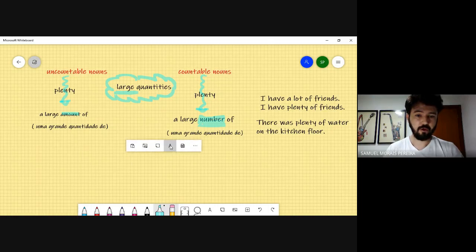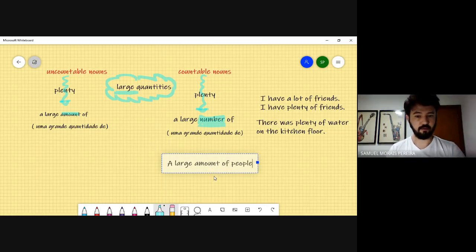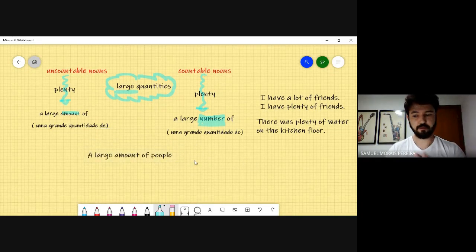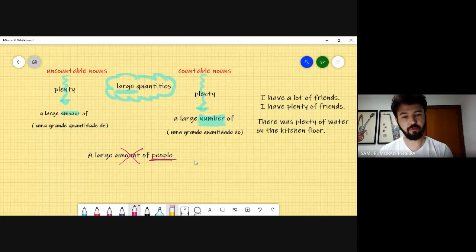So, for example, uma grande quantidade de pessoas. Será que eu posso falar a large amount of people? Olha só. My question is, is it possible to say a large amount of people? No, you don't say a large amount of people. Why not? Because people is a countable noun in the plural.